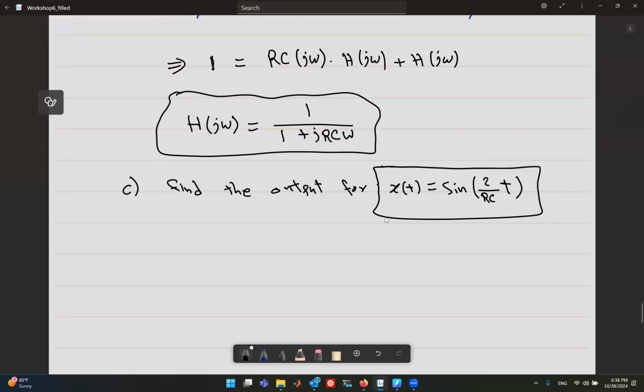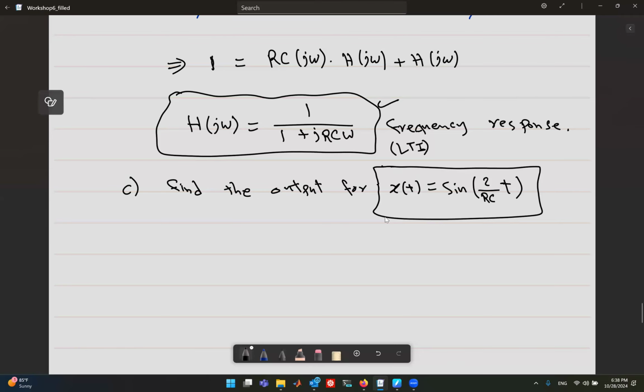Do you know how to do this? It's very similar to what we have done in example number 1. We have the frequency response of the system, and we know that the system is LTI.